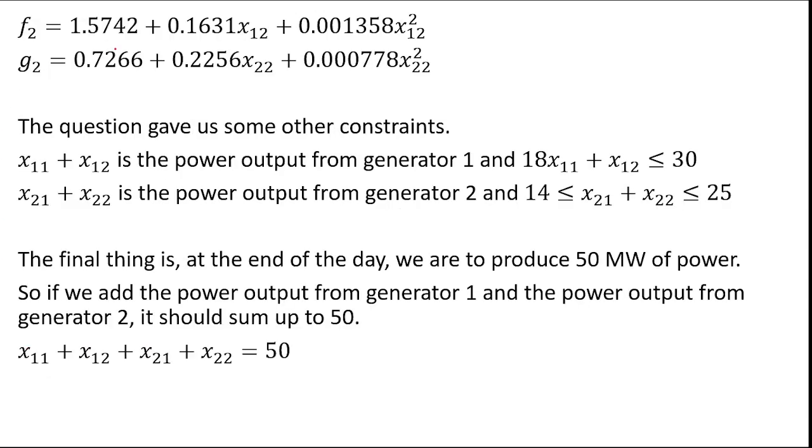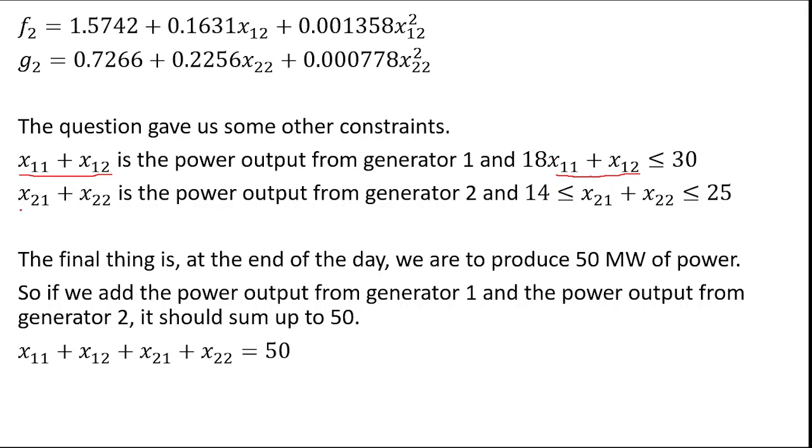Okay, so we have our F2 and G2 expressions there. And the question gave us some other constraints, right? So the question told us that x11 plus x12 will be the power output from generator 1, and 18 is less than or equal to x11 plus x12, which is less than or equal to 30. So it just means that when you add x11 and x12 together, the value should be between 18 and 30.